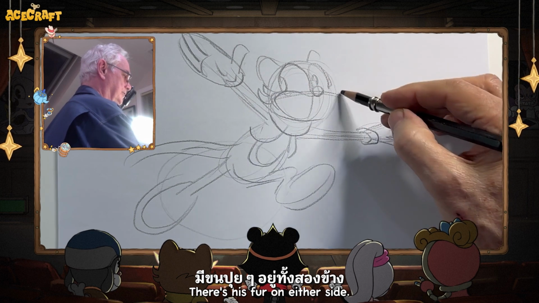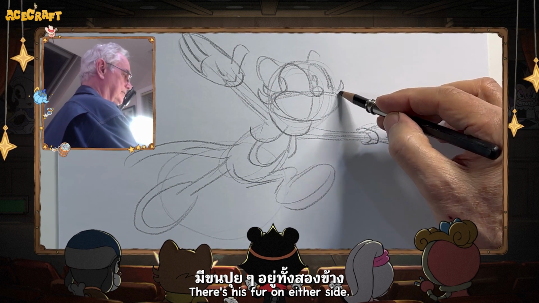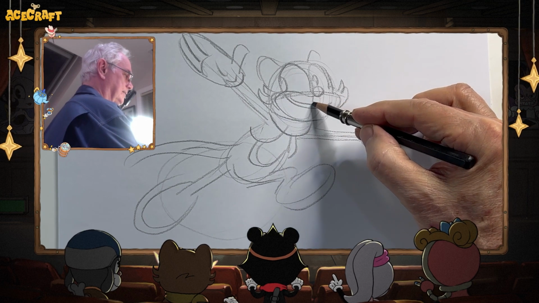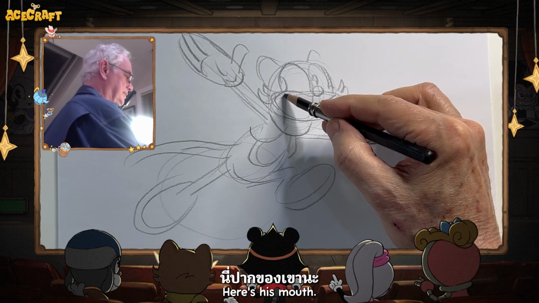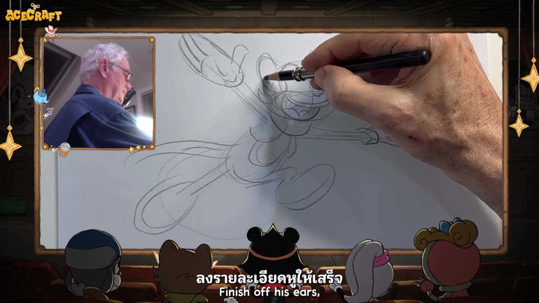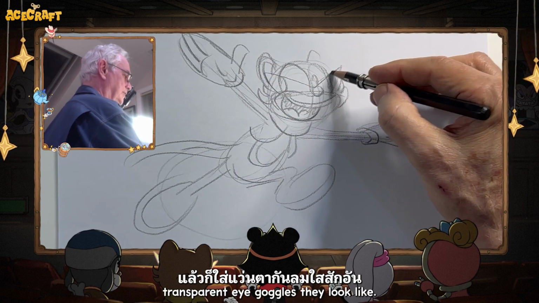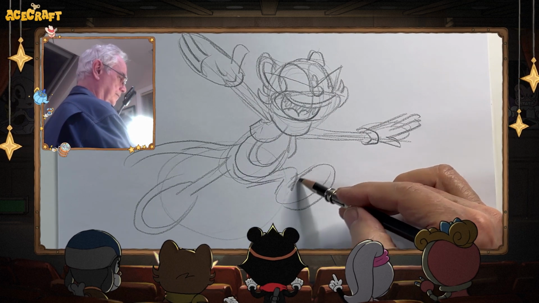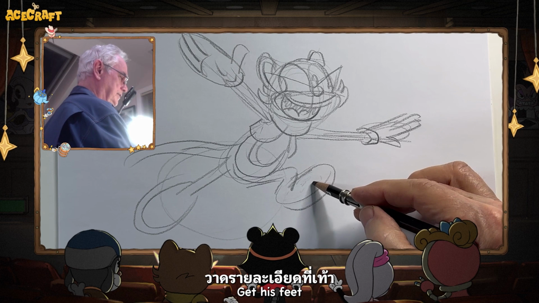There's his fur on either side. Here's his mouth. Finish off his ears. Transparent eye goggles, they look like. Get his feet.